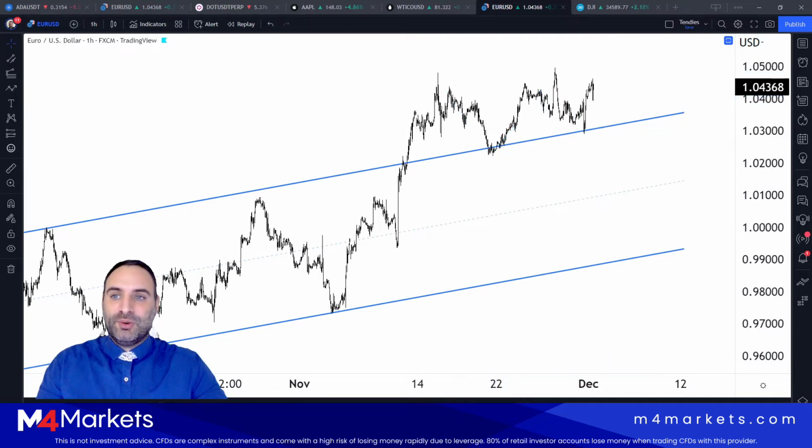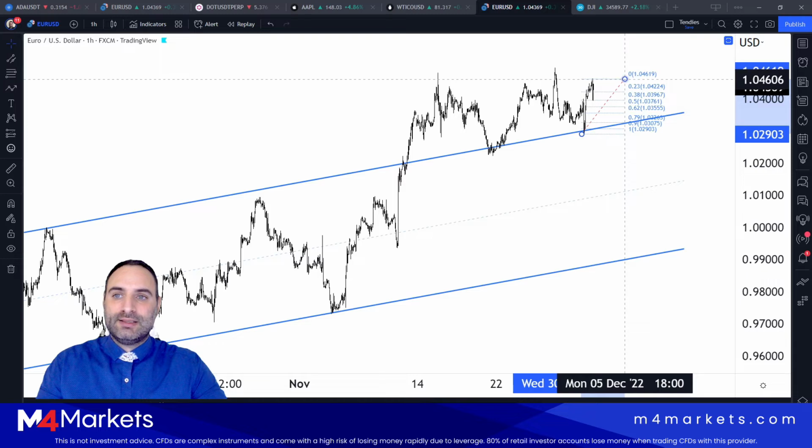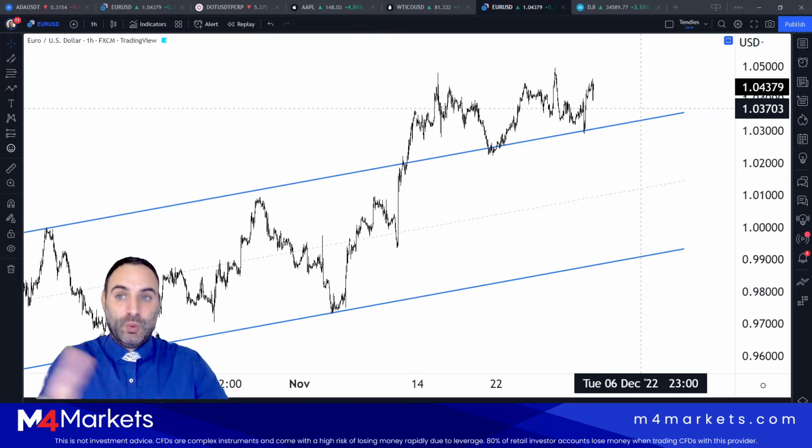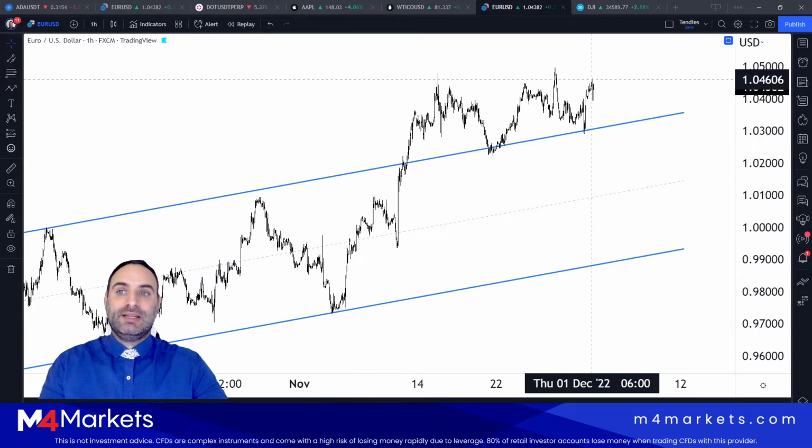For the triangle, we need at least a correction down to around 61.8, which is around 103.5, keeping in mind an assumption that 104.5 is the intraday peak.